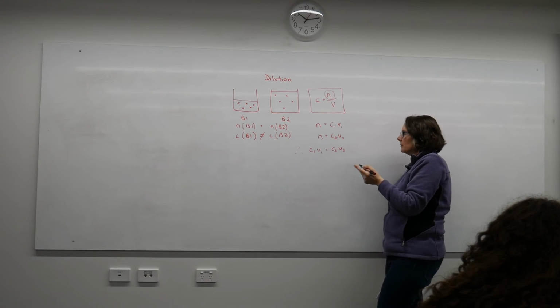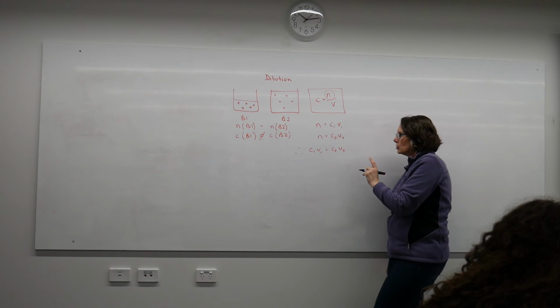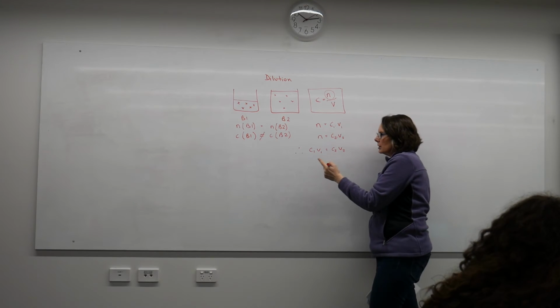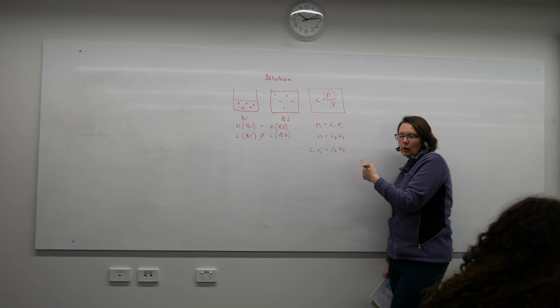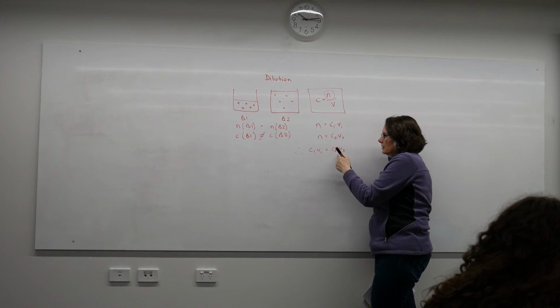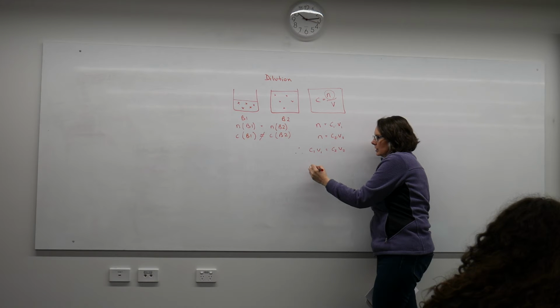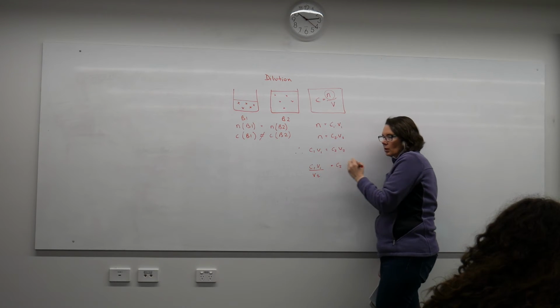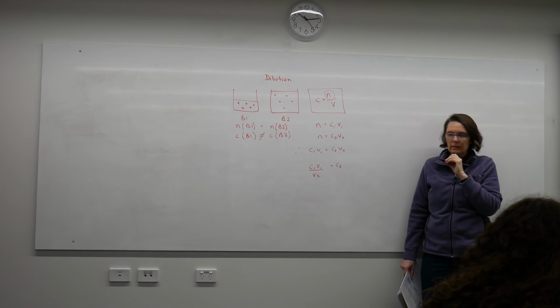So say, for example, you're trying to find out the concentration of your solution after you've diluted it, then C1V1 divided by V2 is equal to C2. All I've done there is just divide both sides by V2.